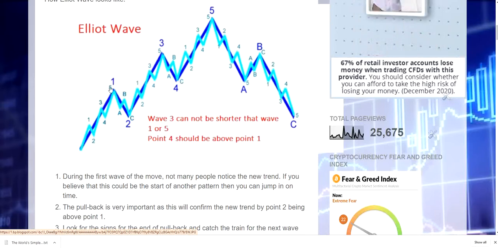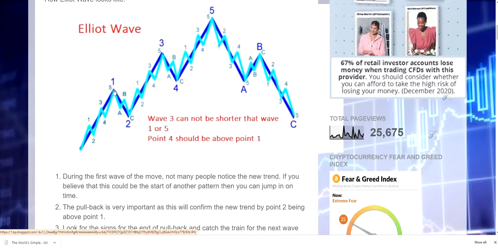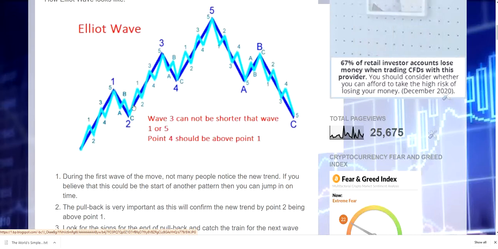The pullbacks normally have a pattern, but not always like this. Sometimes they have a wedge opening, or a triangle, or different patterns, or sometimes they don't follow any pattern.